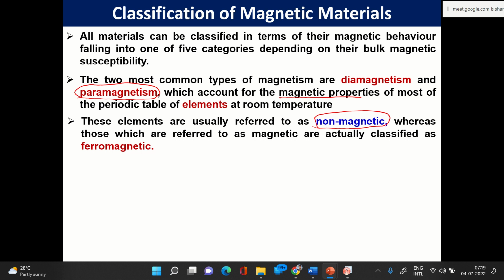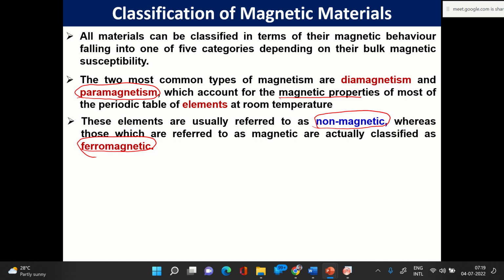But there are certain materials which, even if the external magnetic field is removed, you can see that they attract iron pieces. So a magnet, when brought in front of metallic iron, shows attraction. The permanent magnet that you have is a ferromagnetic material. So it is the ferromagnetic materials which are most important to us.